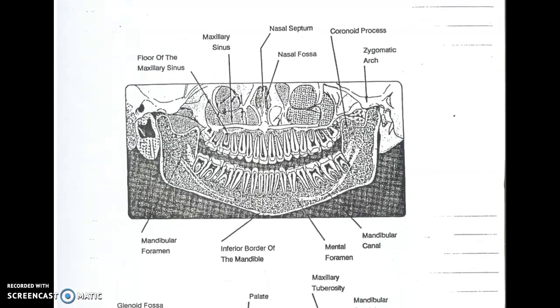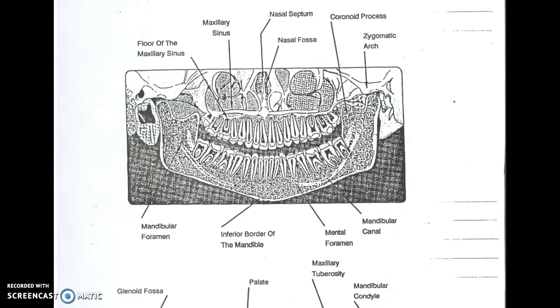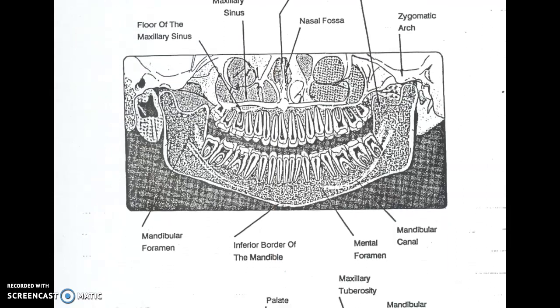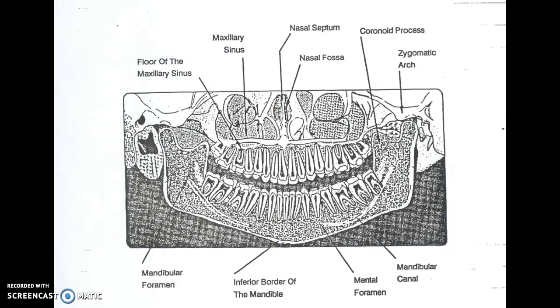And now we're going to look at some panoramics and how the anatomy presents itself on a panoramic. So let me get this adjusted. There we go. So on a panoramic, you've got a lot of the same anatomy. It looks a little bit differently just because the picture is a little different. But if you're looking at a panoramic, and I'll kind of go through each of these, you've got your maxillary sinus, just kind of runs along.